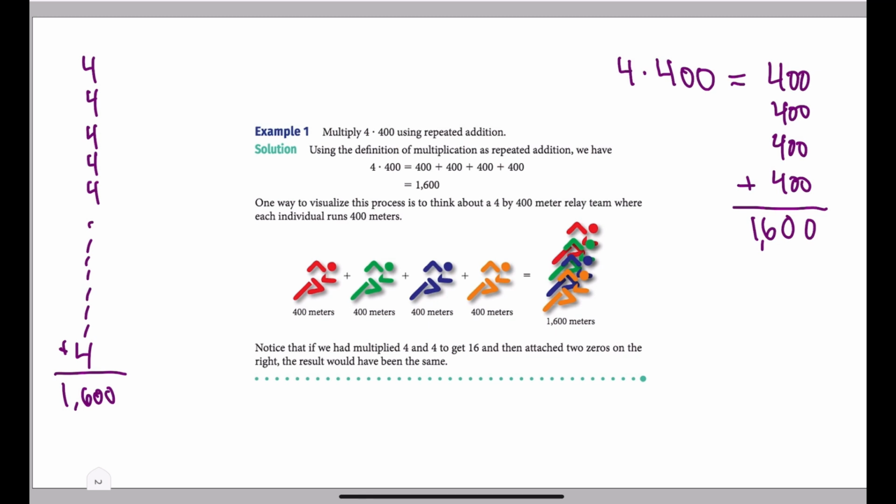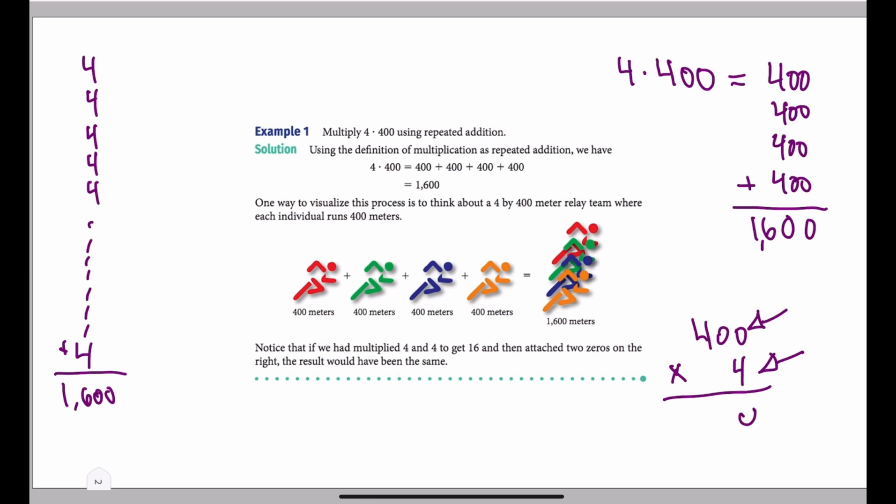And so let's talk about what we're actually going to do when we multiply. We're going to multiply the numbers by first stacking them. Then essentially every place value in the lower number, in this case there's only one place value, the ones, is going to multiply every place value in the upper number.